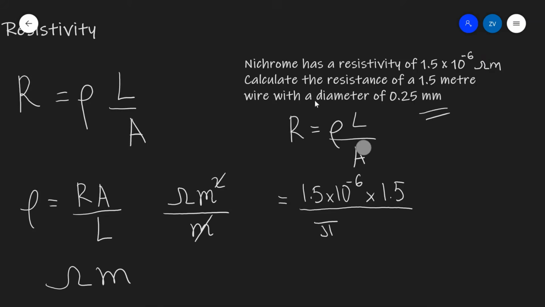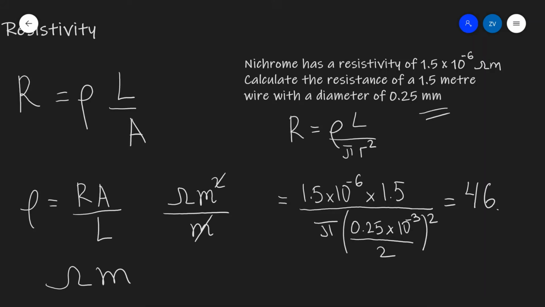The reason for that is because the area is actually given by the equation pi r squared. So this means that r squared will be equal to 0.25 times 10 to the power of minus 3 divided by 2 and then squared. Now let's carefully input this into a scientific calculator. And this will give us 46 ohms.